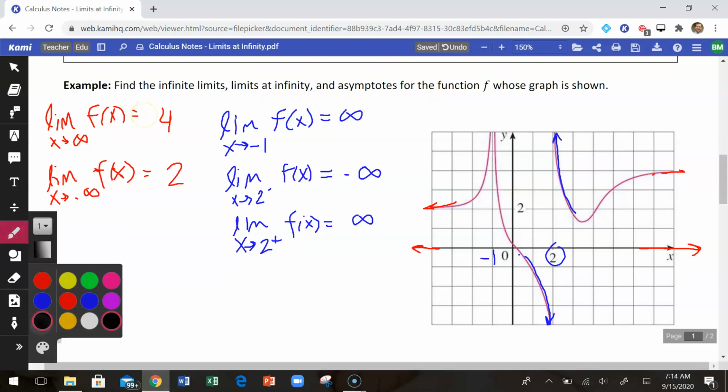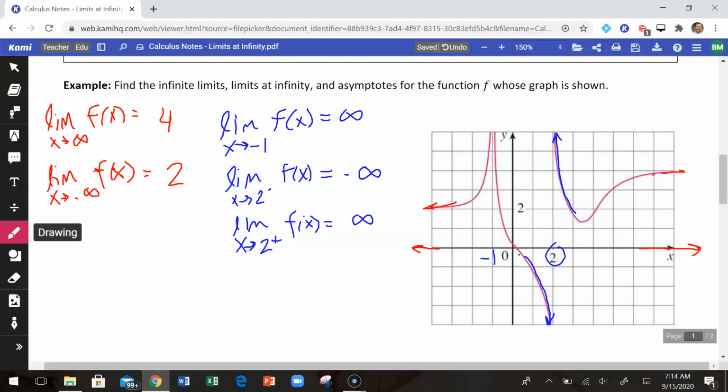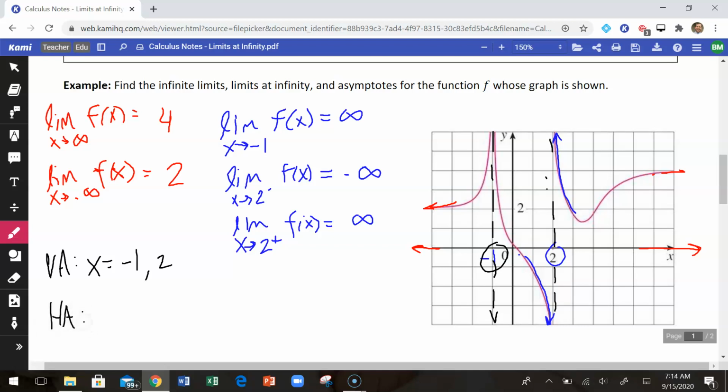And then what are the asymptotes? I'm going to go through and list what the asymptotes are. We have vertical asymptotes at x equals negative 1 and 2. That means I have a vertical asymptote here and also at 2. We have horizontal asymptotes at y equals those places where the graph leveled off, which was at 2 and at 4.